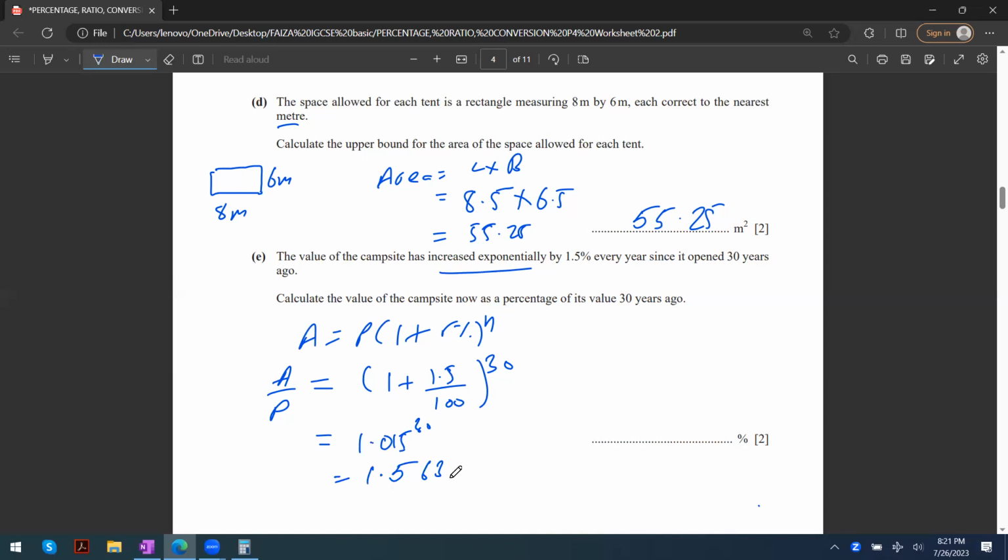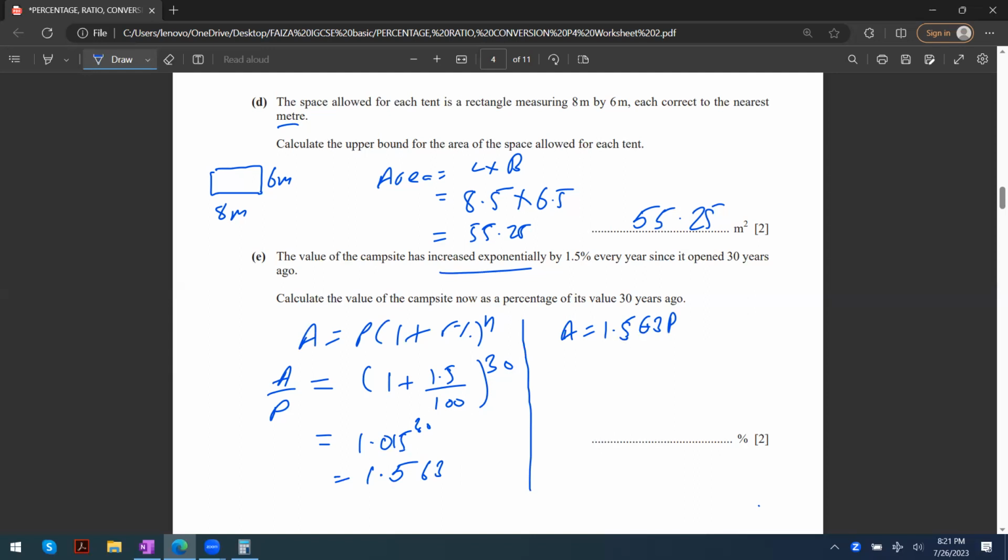Now you just need to make this fraction a percentage. We can make the equation here: A is equal to 1.563P. So far, is it okay? Until this step, no problem.